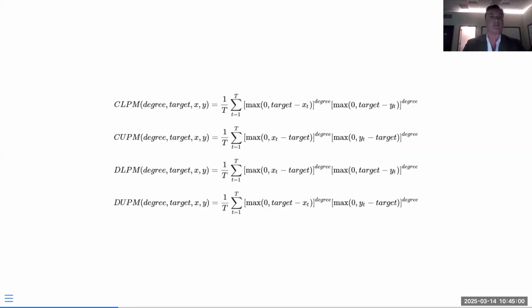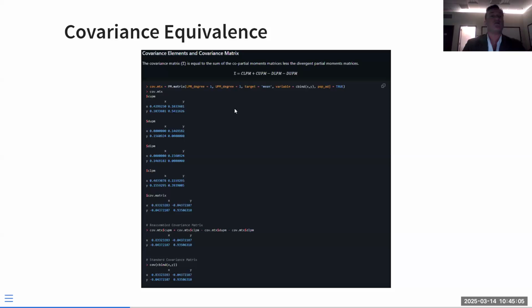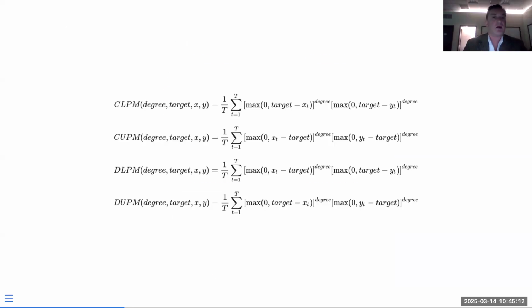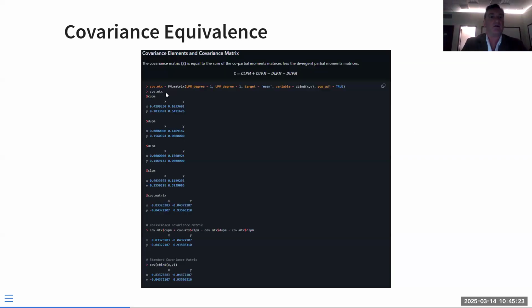So using these quadrants, we can recreate the covariance matrix by adding the two co-partial moment quadrant matrices and subtracting the divergent matrices. And the function in my package, PM matrix, returns each individual matrix as well as the corresponding covariance matrix.